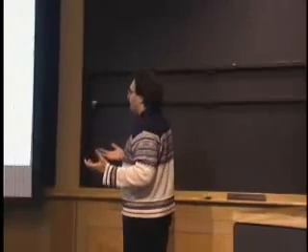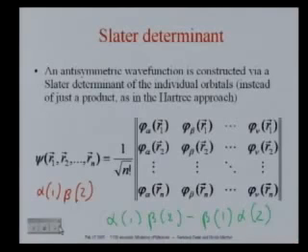And this can be generalized to the case of n particles. And really, what we call a sum of n terms with all the possible permutations, with all the possible signs, is nothing else than a determinant.